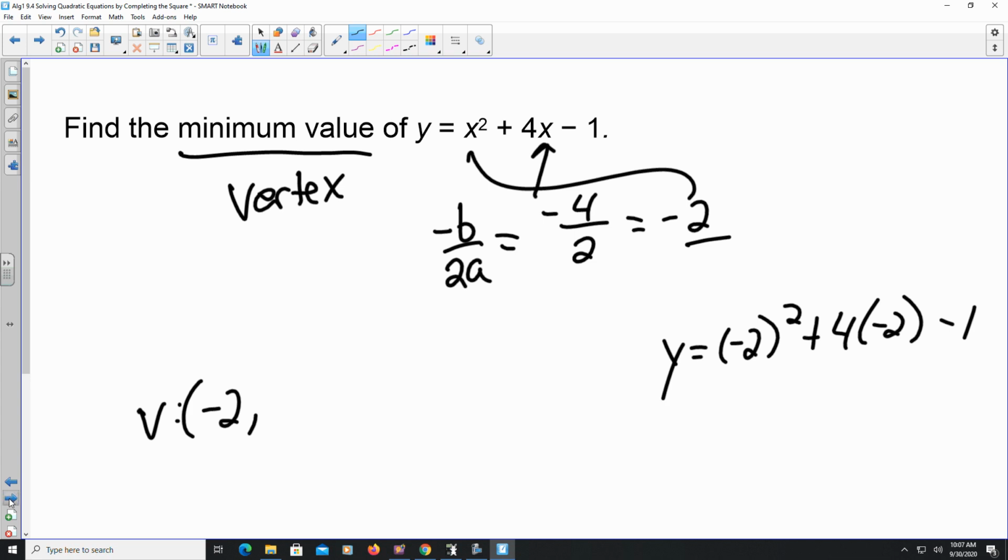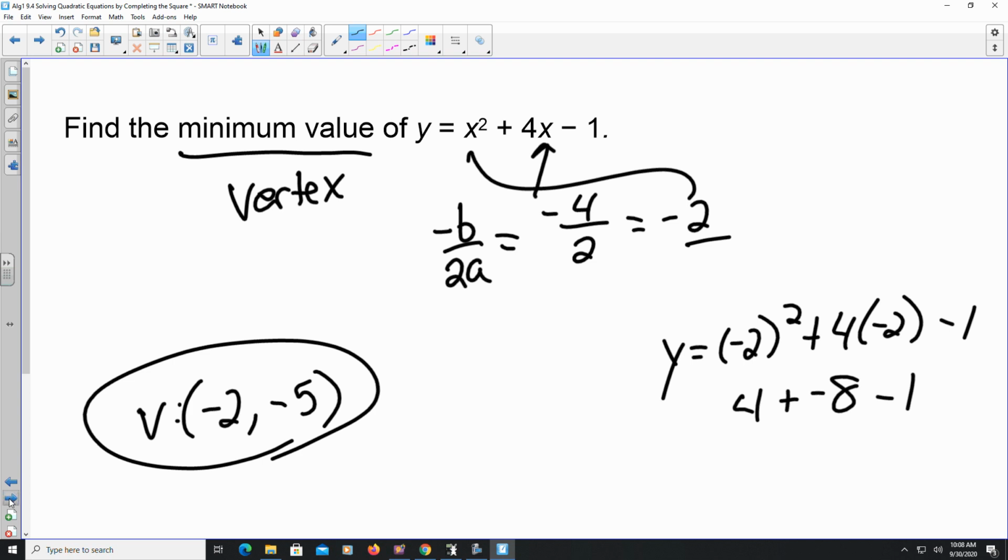Negative 2 squared is 4, so I got 4 plus negative 8 minus 1. 4 plus negative 8 is negative 4. Negative 4 minus 1 is negative 5. So this minimum value is negative 2 comma negative 5.